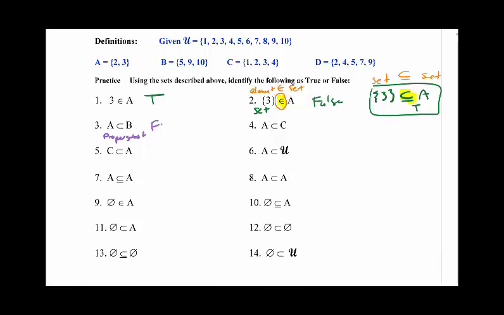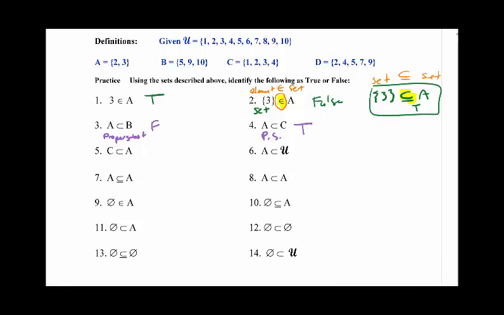Number 4, that's saying proper subset. So we look at A, which is 2 and 3, and is everything in A in C, and C's got to be bigger. So 2 and 3 are in C, because C is 1, 2, 3, and 4. So my answer here is true. Remember, order matters.